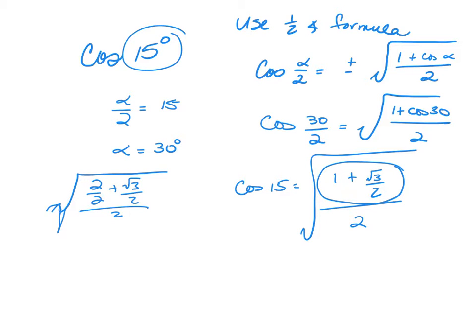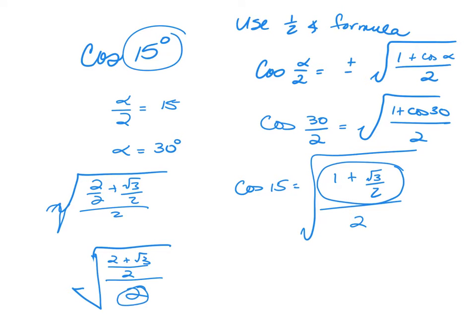So then that's going to be the square root of 2 plus root 3 over 2, all over 2. I just combined it into one fraction. Okay? 2 plus root 3 over 2.